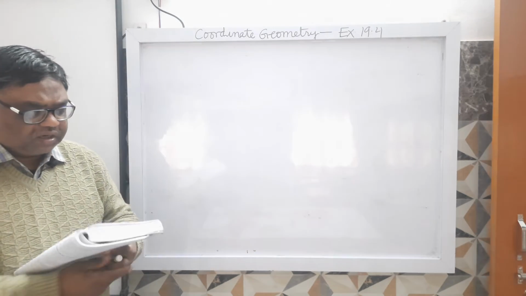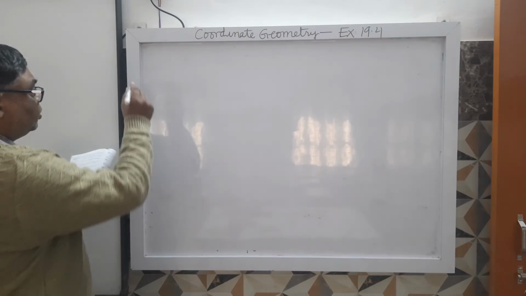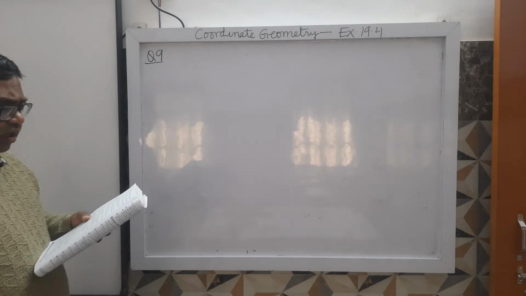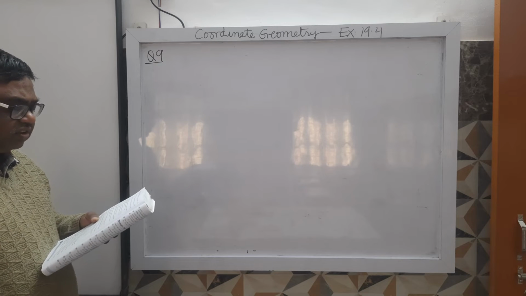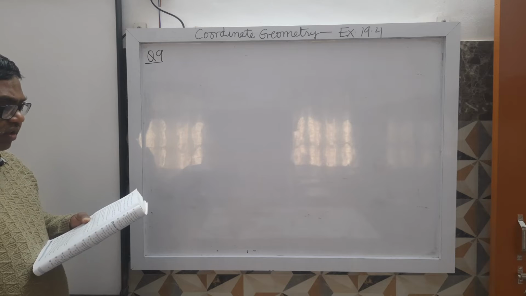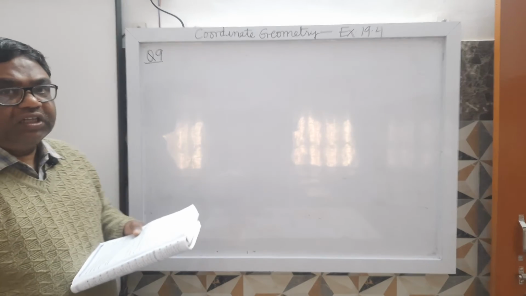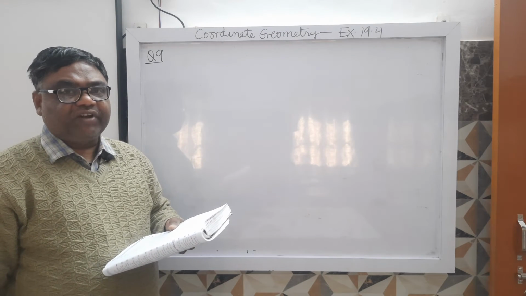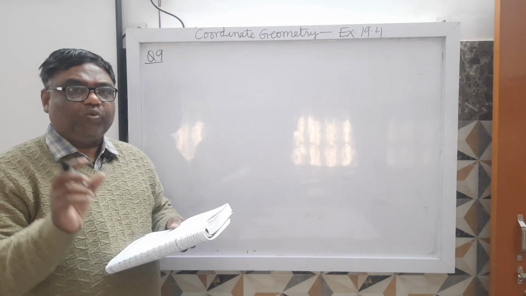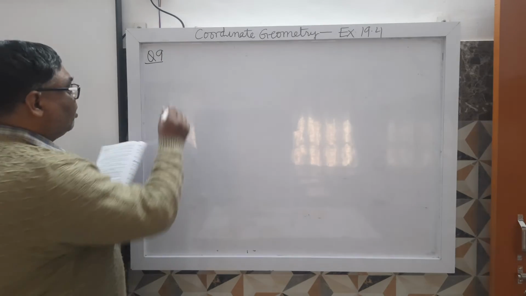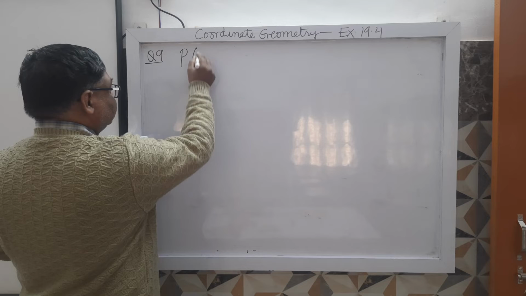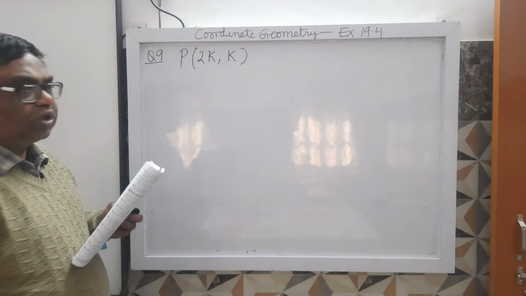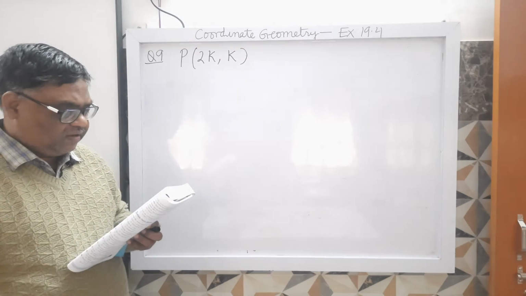Now question number 9, though in this question a hint is given, but you can see: the x coordinate of a point is twice its y coordinate. Meaning, it is given that the x coordinate is 2 times the y coordinate. We can assume the point like this, 2k comma k. Here the x coordinate is 2k and the y coordinate is k.